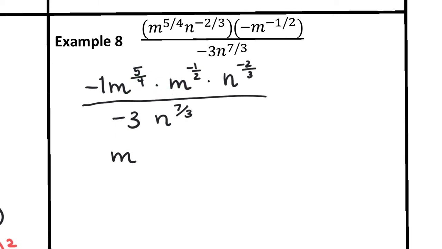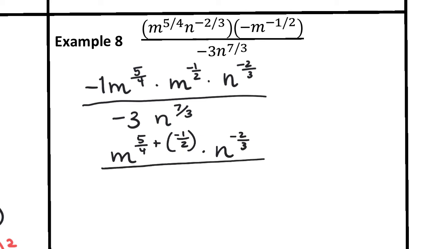So it's going to be 5/4 plus -1/2 times n to -2/3, so I'm just copying that one, divided by 3n to the 7/3.